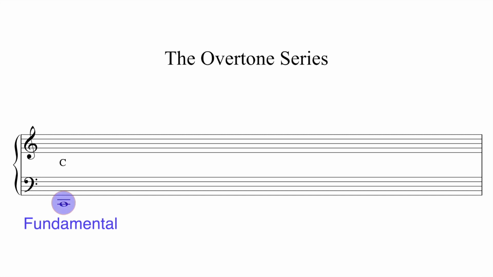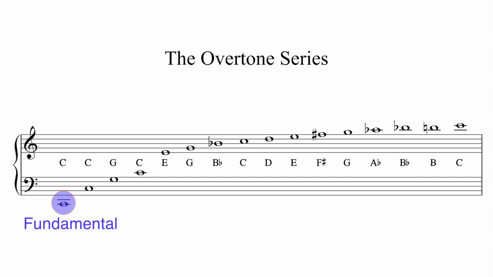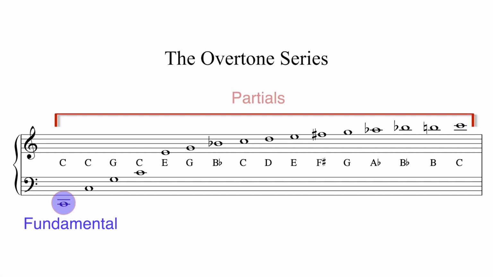But in this sound, you also hear another higher C, then a G, then an even higher C again, then an E, then a G again, and after that, many more notes. These overtones are called partials.